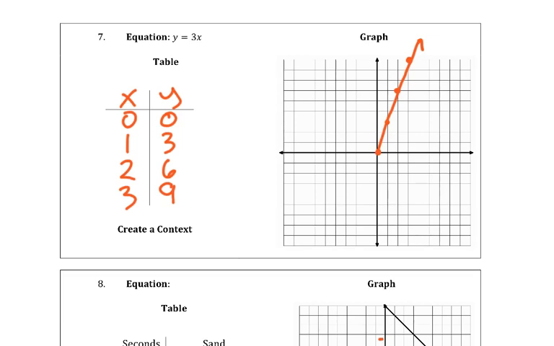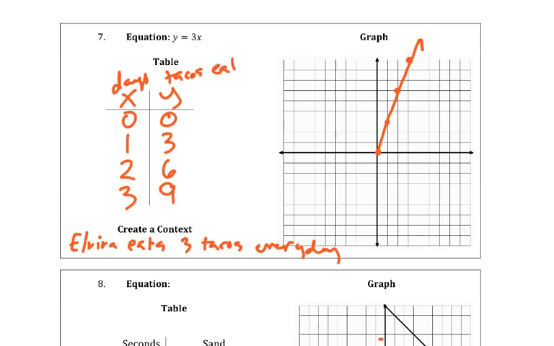To create a context here, we could say Elvira eats 3 tacos every day, which would then change this to days and tacos eaten. Total tacos eaten, TTE. Very important acronym. I can't draw my periods.